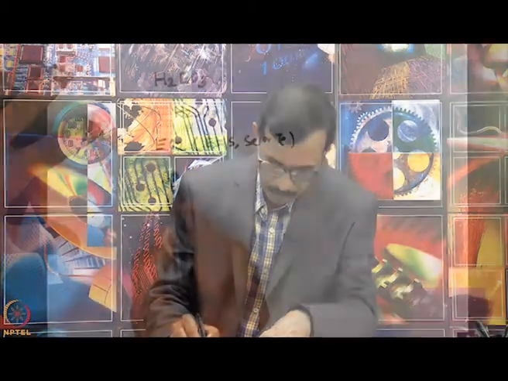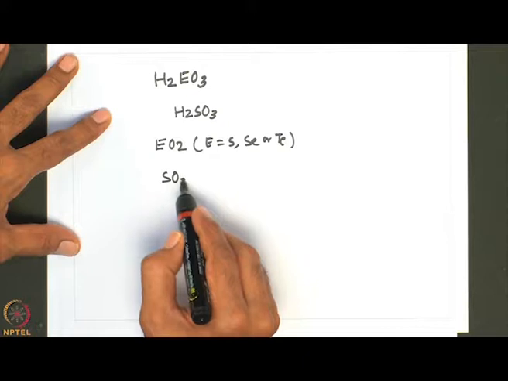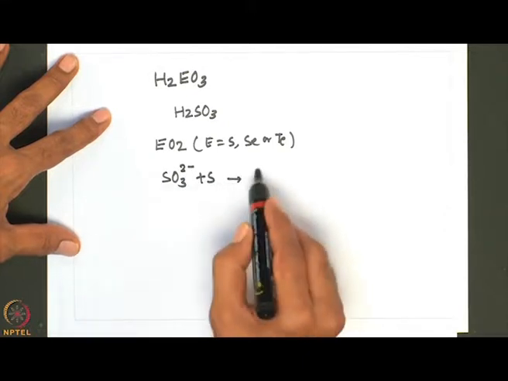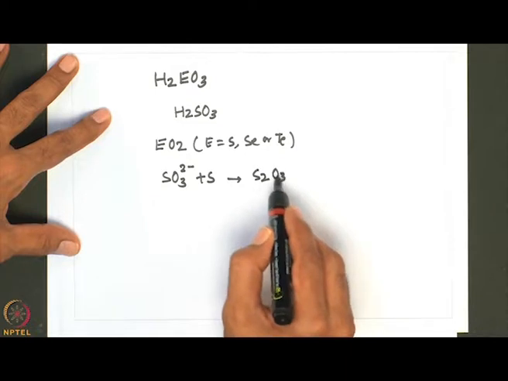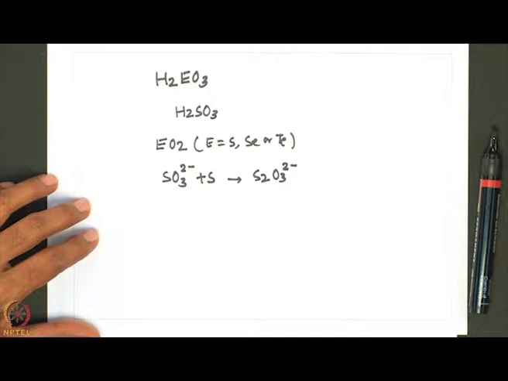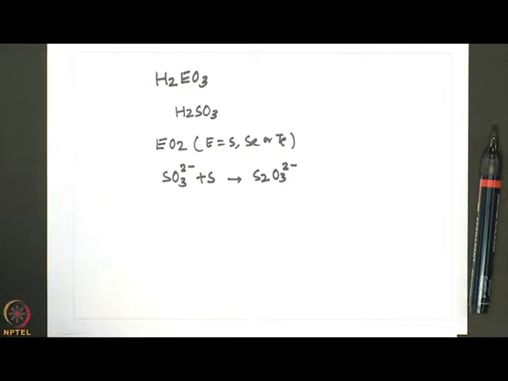For example, SO3 2 minus plus S gives S2O3 2 minus. Okay. Thiosulfate is widely used in redox titrations involving iodine.